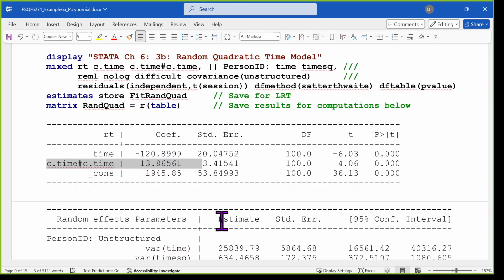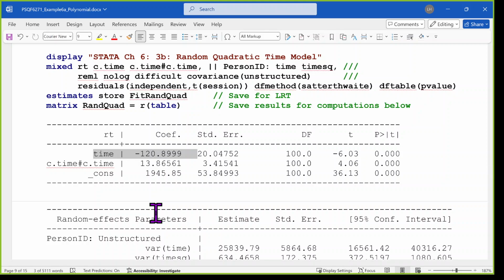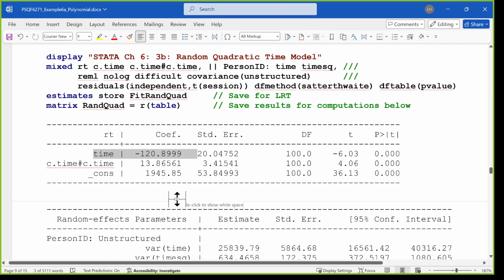What it does is make this negative linear slope, I would call that less negative by 28-ish per session, per unit time. Yep, it changes the linear slope at each occasion by 14. So it is a constant change to the change. It's unconditional. So the quadratic is not conditional on time 0 because it's the highest order term. So it is a constant change of the change.